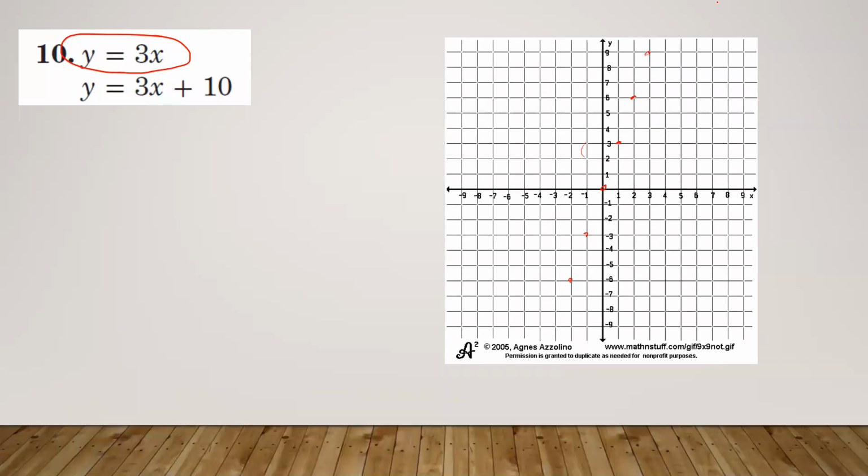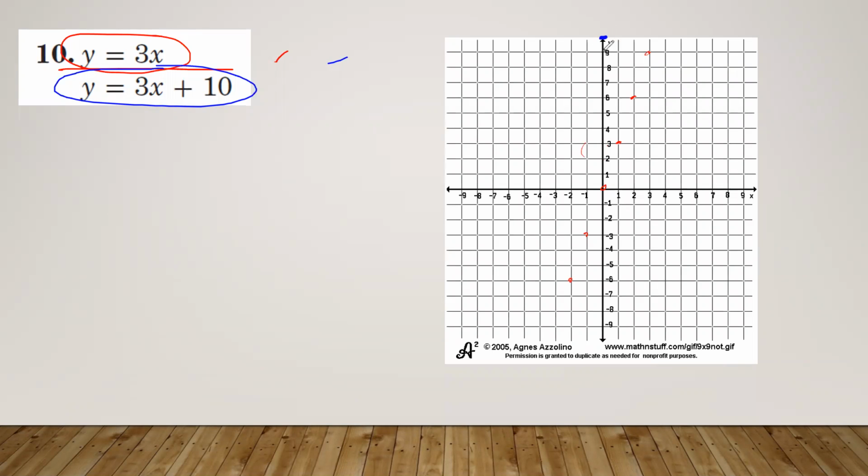And then for your parallel line, this one here, your y-intercept is 10, and then your slope is still 3, because remember these lines are parallel.